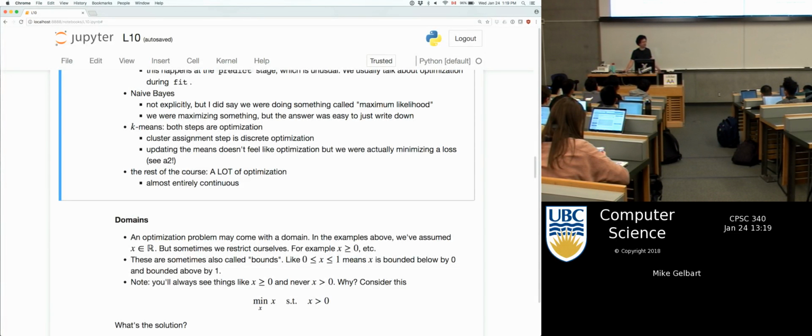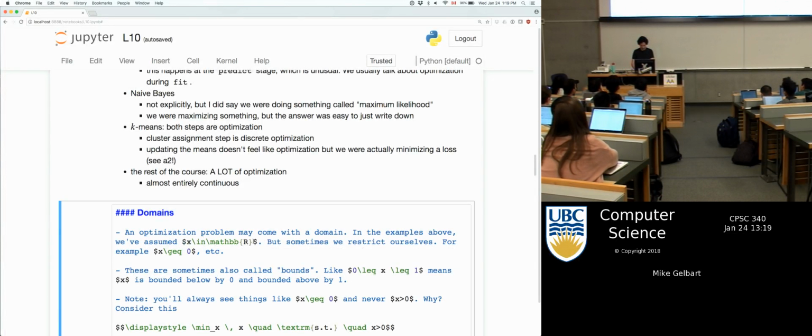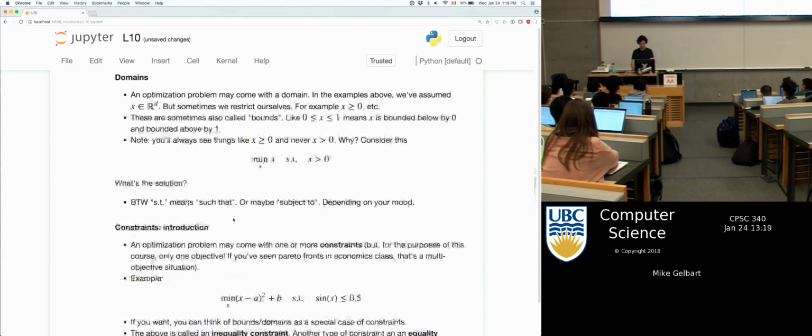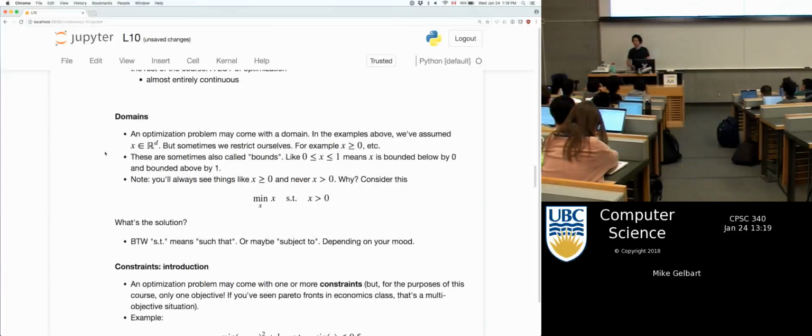So we talked about x being a real number, or how about x in R^d, so x being some d-dimensional vector would be a more general case of what we've been talking about. But other than that, we didn't impose any constraints on what x could be. But you may have bounds in your particular optimization problem, such as x greater than or equal to 0.